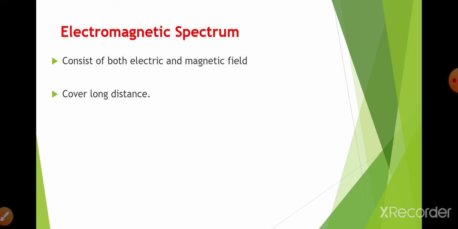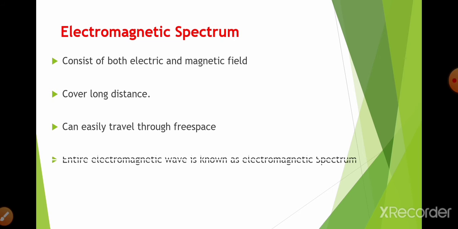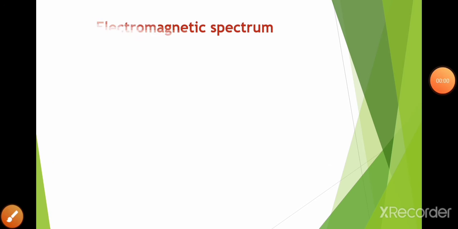Electromagnetic waves cover a long distance. That means you can communicate from this place to any place in the world. Electromagnetic waves can easily travel through free space, and the entire range of electromagnetic waves is known as the electromagnetic spectrum.